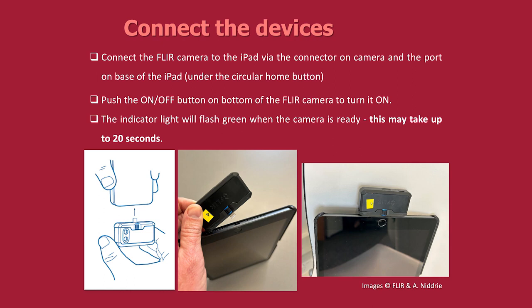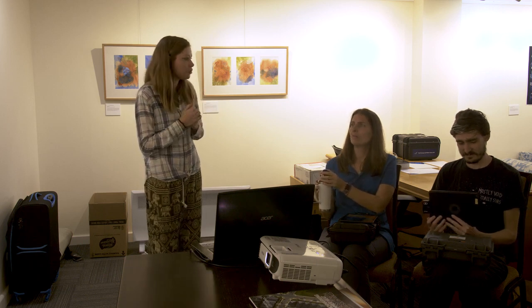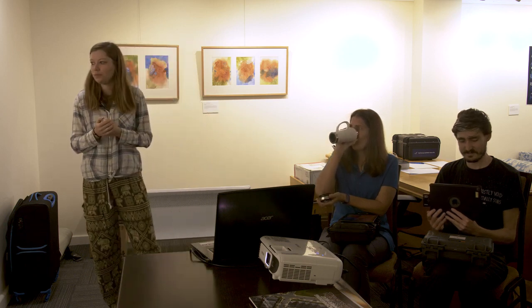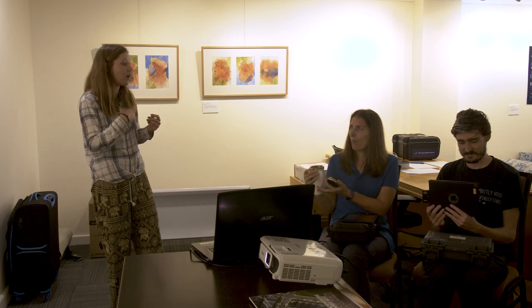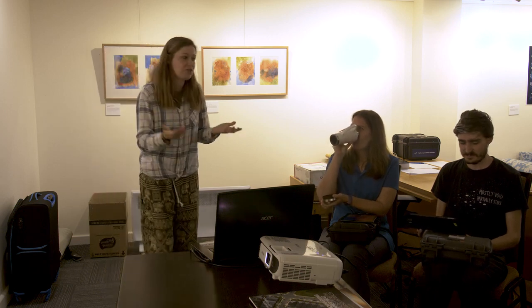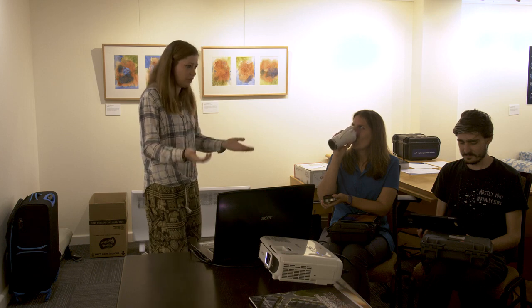So you probably all started connecting this anyway, but you simply need to connect and then press the button, and it usually takes a few seconds to start. Don't be alarmed if this doesn't happen straight away, because the camera goes through a calibration process. You will probably hear flicking noises, and that's very normal. That's the calibration that the camera goes through. And you'll probably see something on the screen as well. So that's your indication it's working.